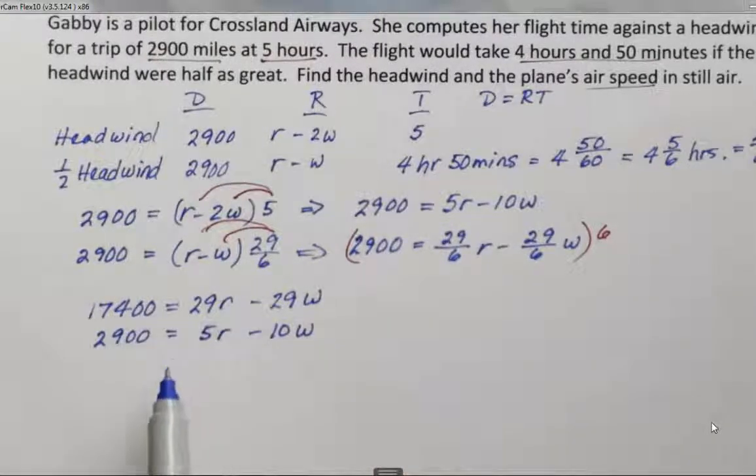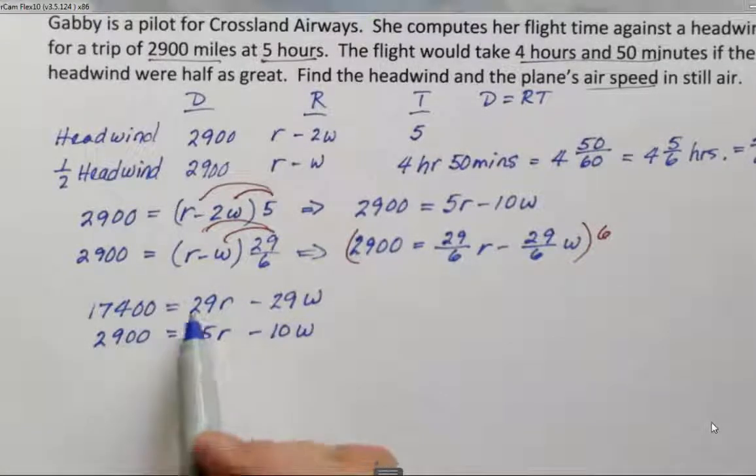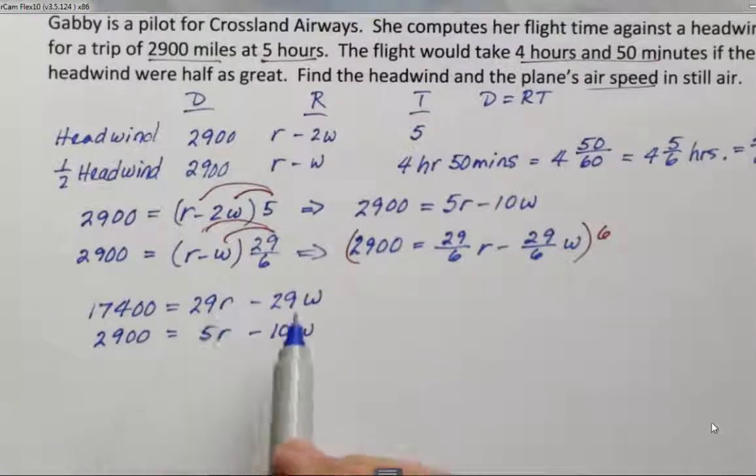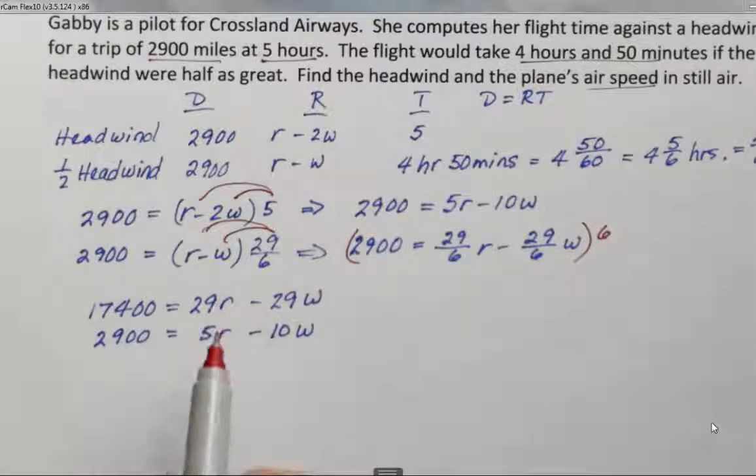Now I'm going to use elimination, and I'm trying to figure out if I have any sign changes between my variables, and I don't. And then I'm going to try to figure out if I have any nice LCMs between 29 and 5, and there's nothing really nice about anything. So I'm going to try to get rid of my r's.